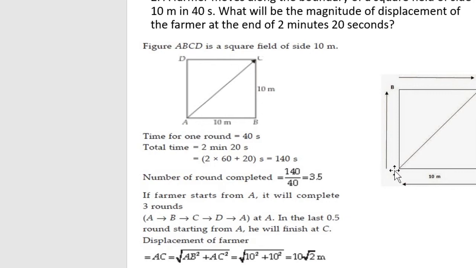So after 3.5 turns, where will he be? He will start from here. So 1 turn complete, then 2 turns complete, then 3 turns will complete, and 1 more half turn. So after the half turn he will be at position C. So the initial position was A, but now the final position is going to be C.